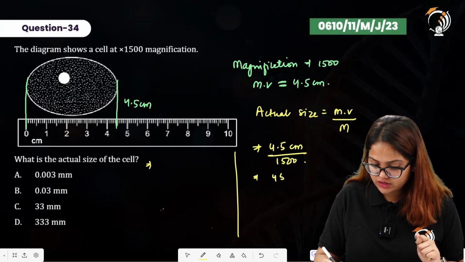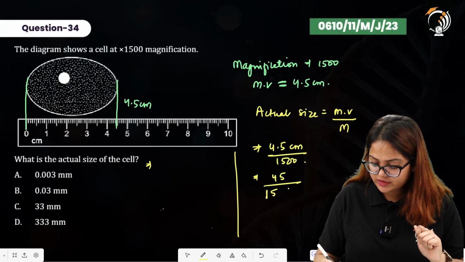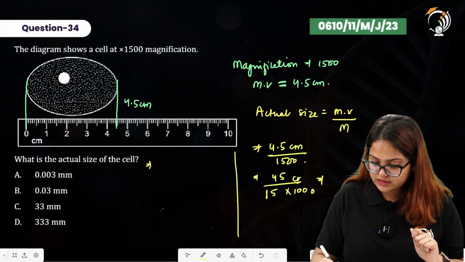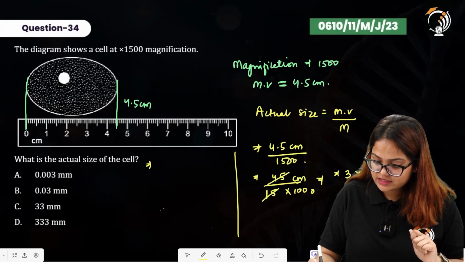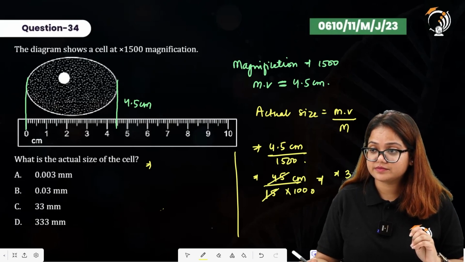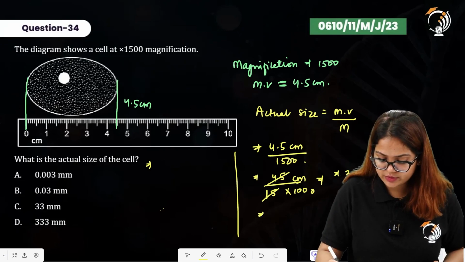So this is 45 divided by 15 here into 1000. This is in centimeter. This comes out to be 3 into 10 to power minus 3 centimeter. Then you are going to convert it.